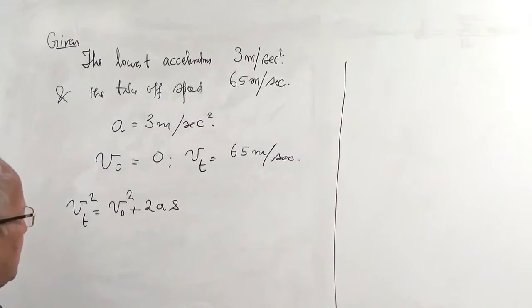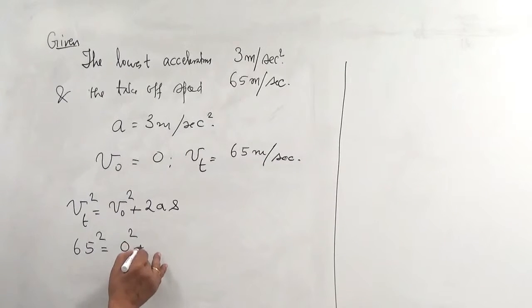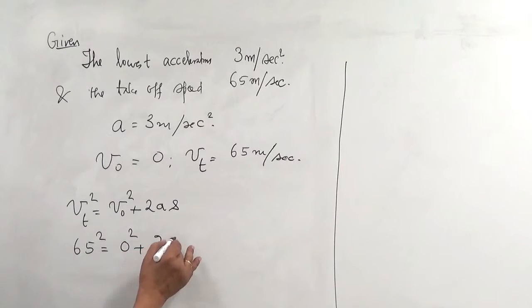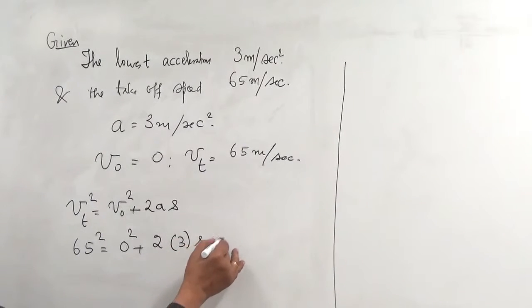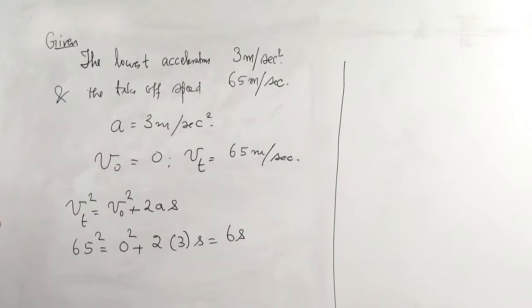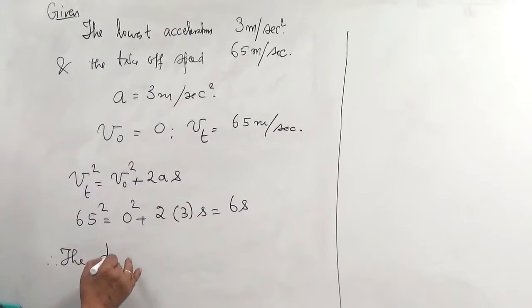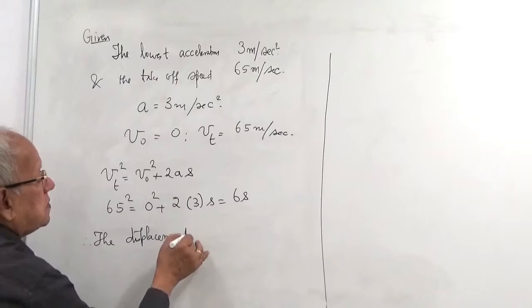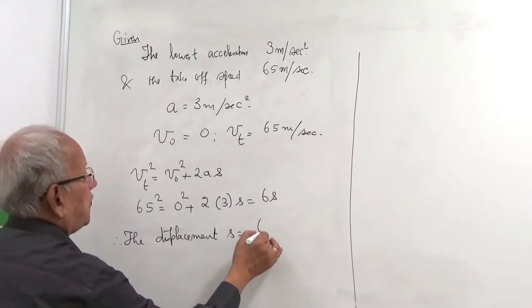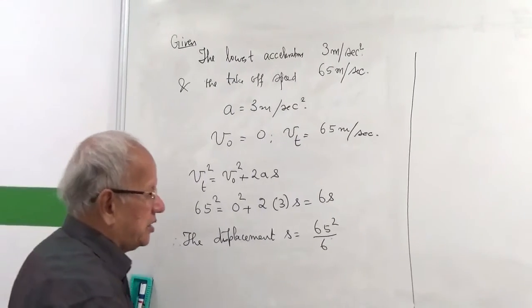So substituting here, 65 square is 0 square plus twice 3 meters per second square into s, it is 6s. And therefore, the displacement s is 65 square by 6 meters.